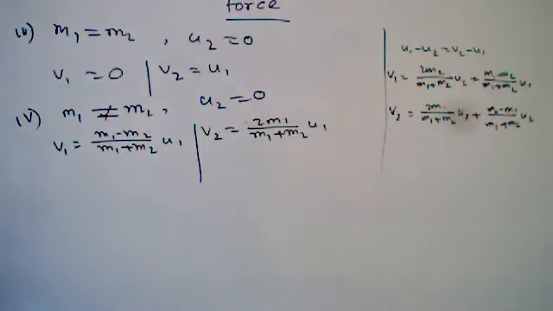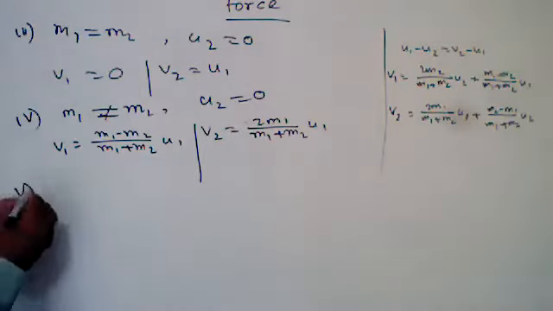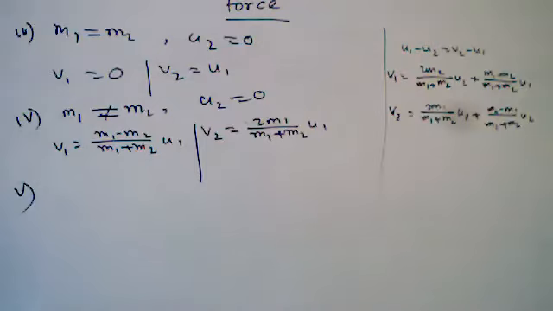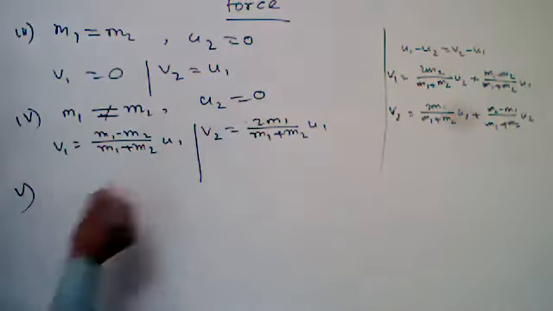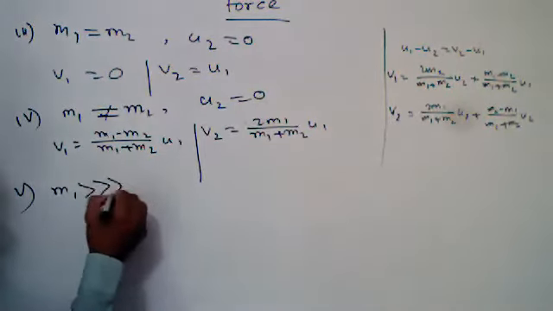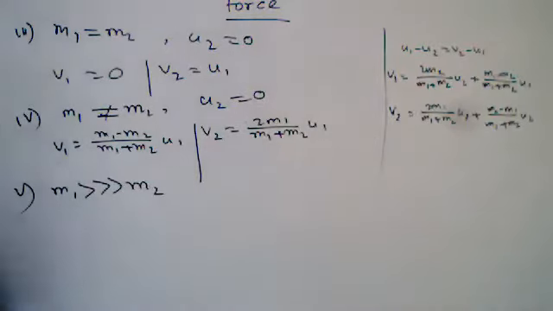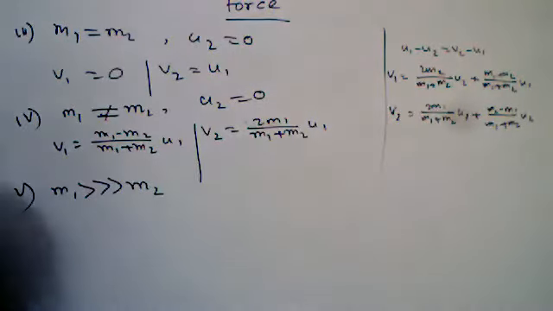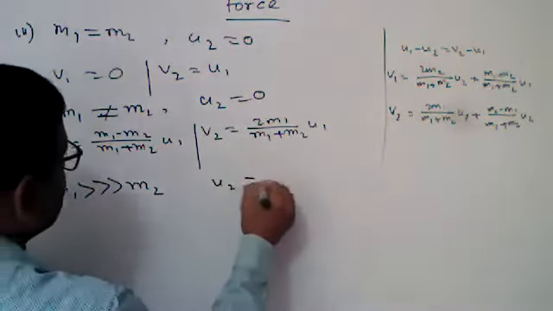Okay. Number 5, last one. M1 is greater than M2, and U2 equals 0.